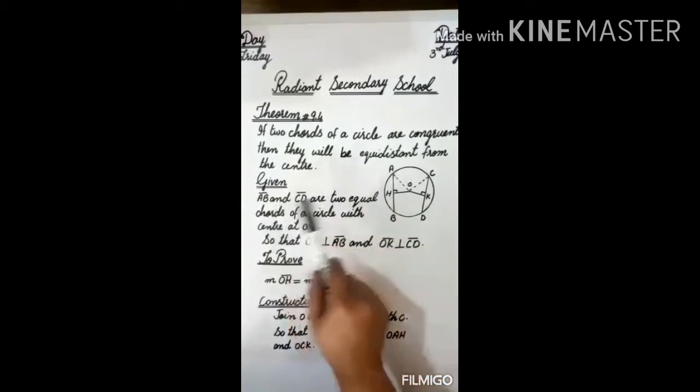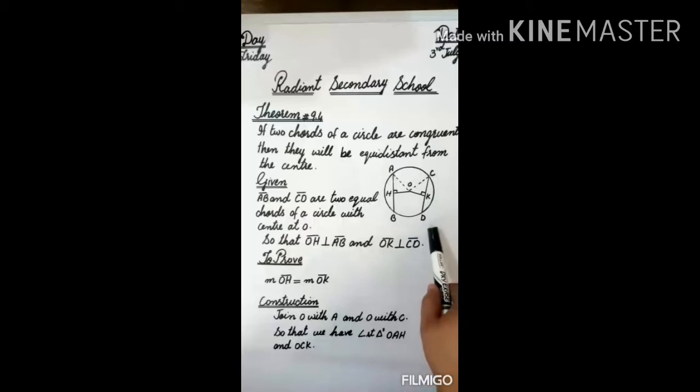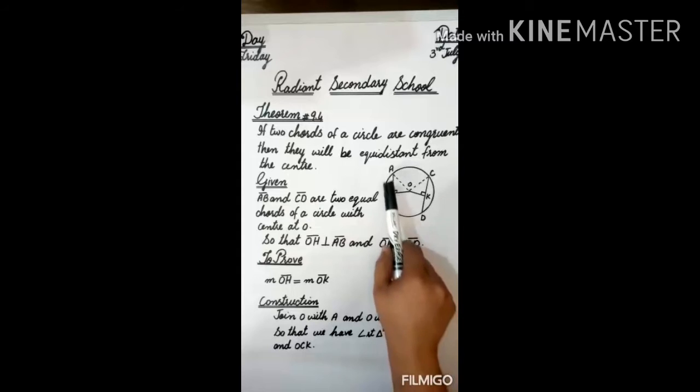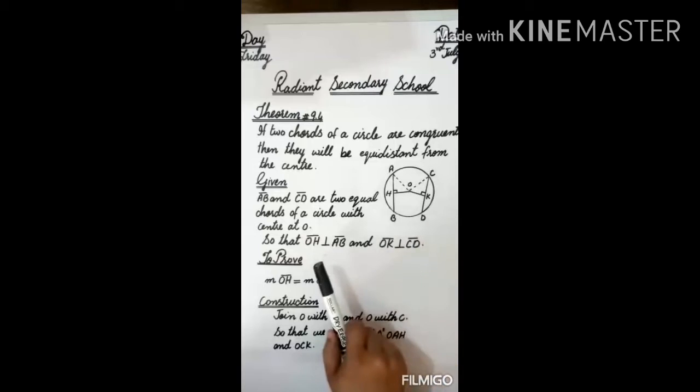Now what is the given? In the given we have that AB and CD are two equal chords of a circle with center at O, and OH is perpendicular to AB and OK is perpendicular to CD. There is the sign of perpendicular.